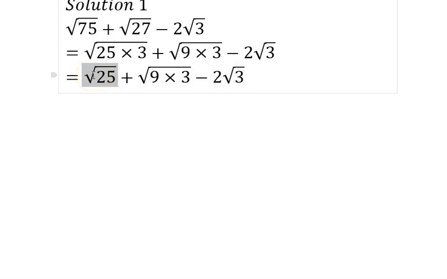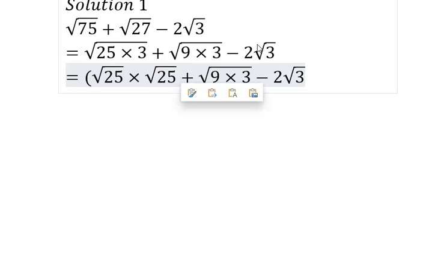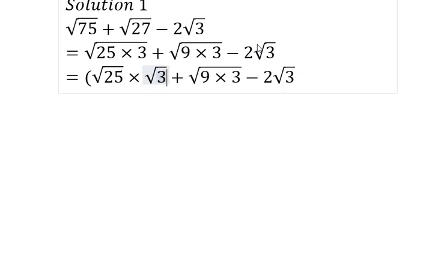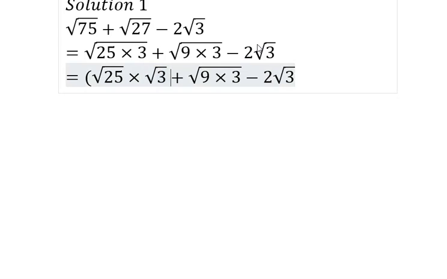We can split it into root 25 and root 3. Okay, let's put that. We know that all these ones are the same. Awesome. So we've been able to understand that this root 25 and root 3, we can split them.